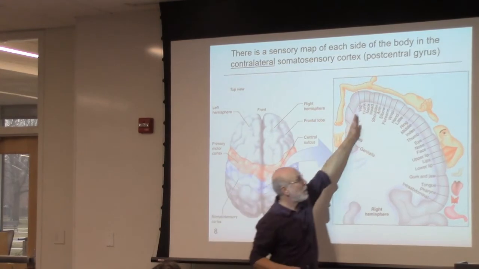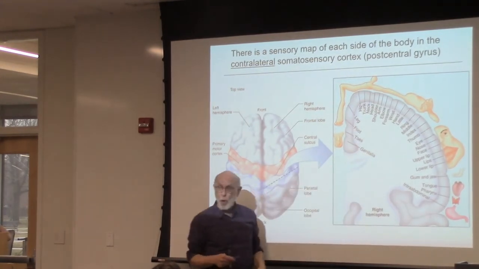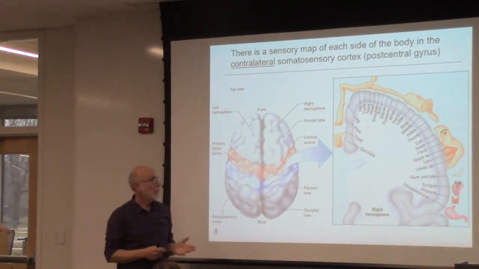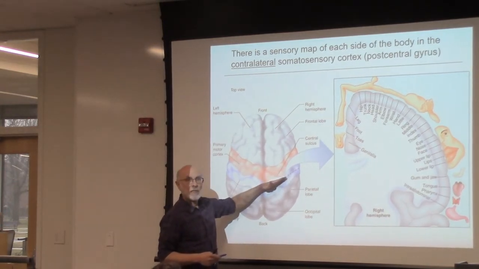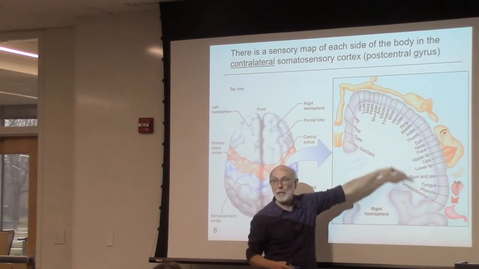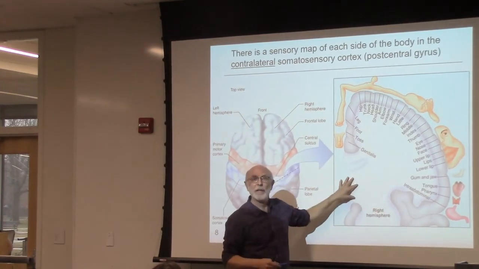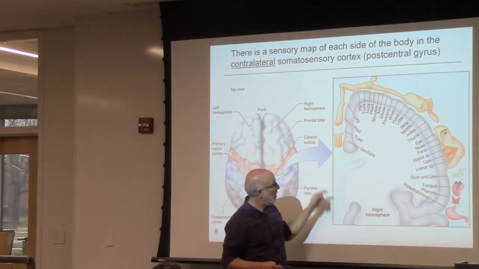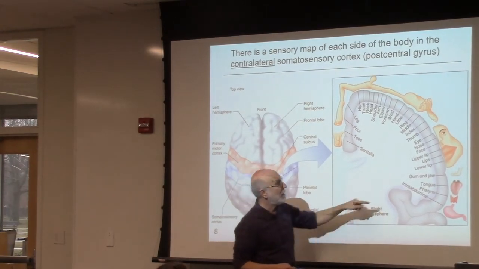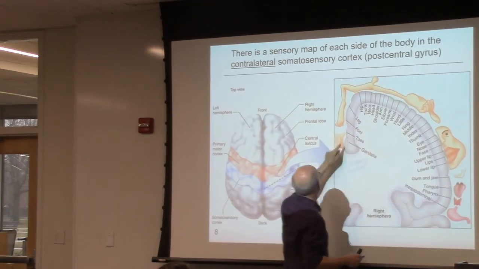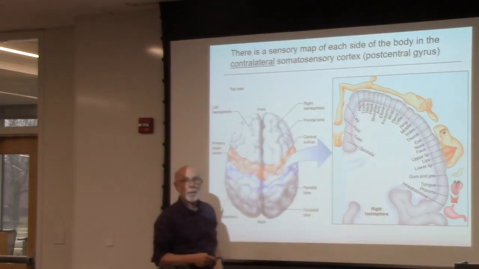Now we're seeing the postcentral gyrus in coronal section. Everybody clear on the orientation? We're taking the right somatosensory cortex and looking at it coronally. There's all kinds of good stuff here, like lateral ventricle, temporal lobe, etc. But we're going to focus on the postcentral gyrus of the parietal lobe.